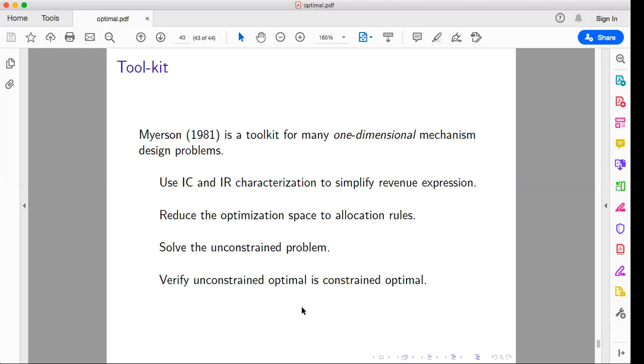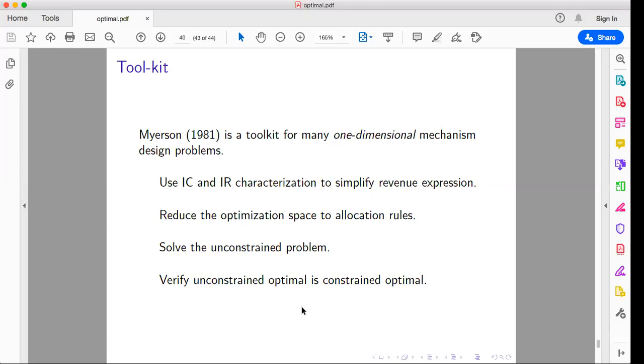Later in the course I will discuss what happens if the type is multidimensional, but at least in one-dimensional problems you can always define a notion of monotonicity, and basically as your type increases, your allocation probability, defined appropriately in each of the problems, must increase, and that basically defines the allocation part, and the payment P must be determined by the revenue equivalence expression.